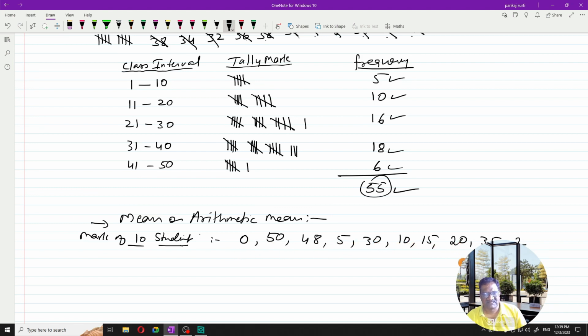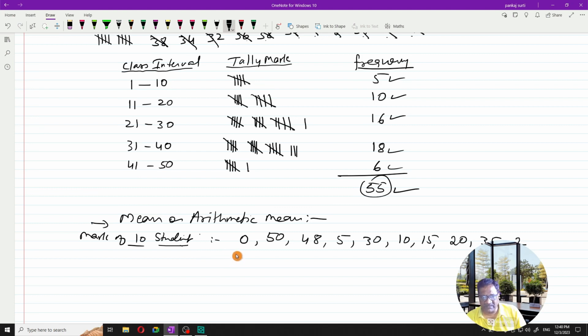Such data doesn't have any frequency, because what is the meaning of frequency? Frequency means any variate is having more than one value. Suppose height is a variate. If you go into a class, you may find that 5 students have the same height.